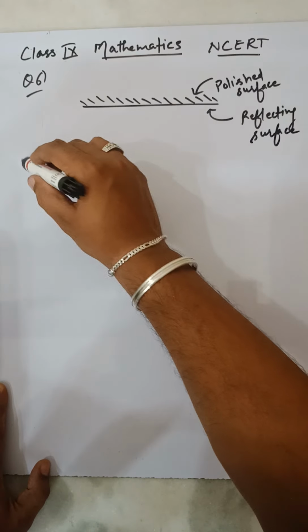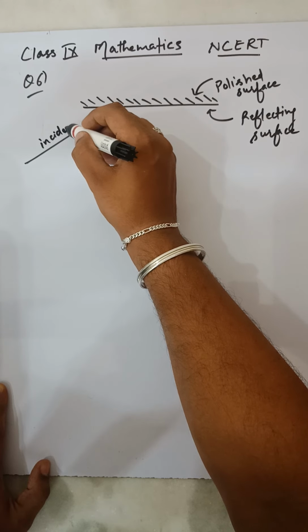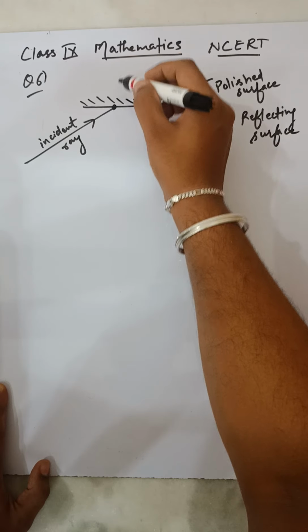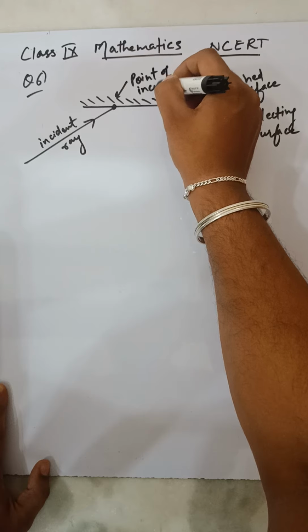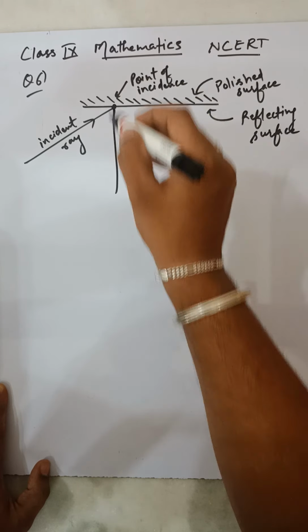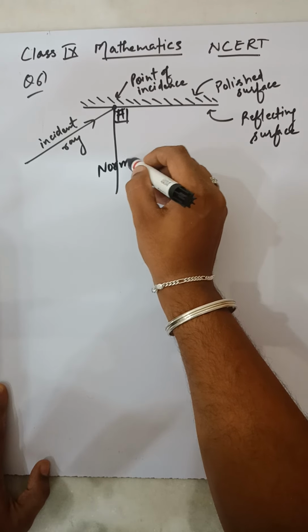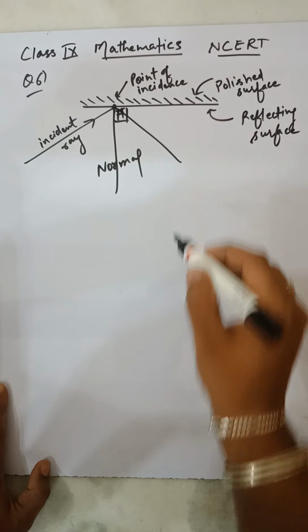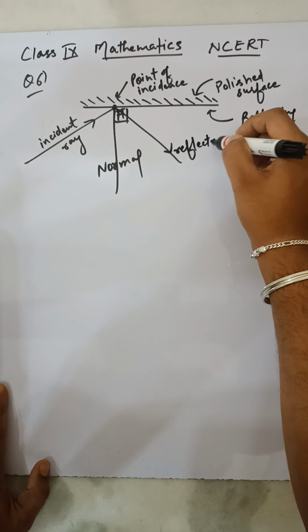Any light that is incident on this surface is called the incident ray, and this point is known as the point of incidence. The line perpendicular to this point is called the normal, and after striking this mirror it reflects in the same medium. This is known as the reflected ray.